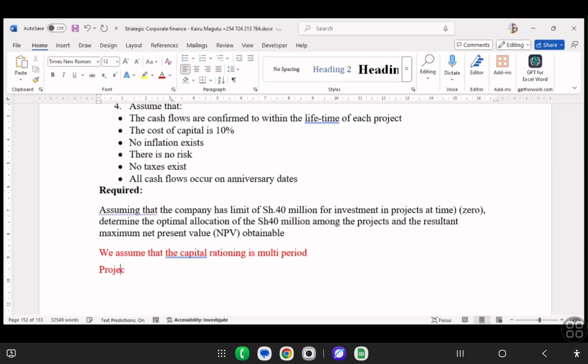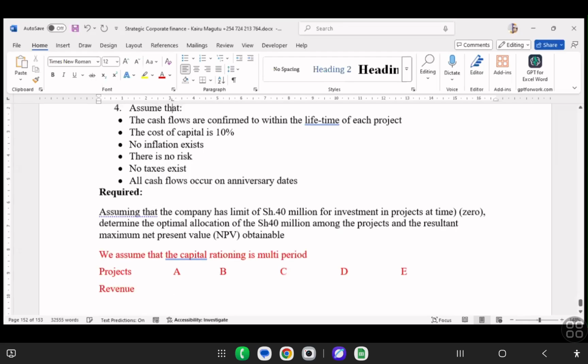Projects. We have project A, project B, project C, project D, project E. I think that is how they are. For each of the projects, we have the revenue.